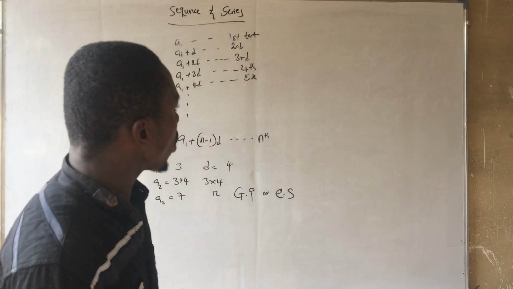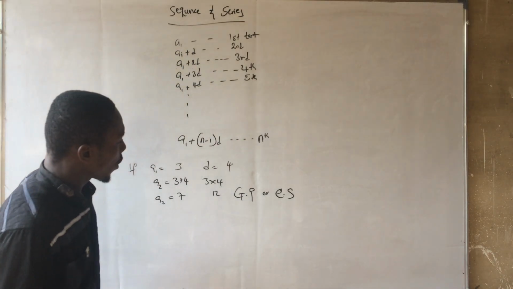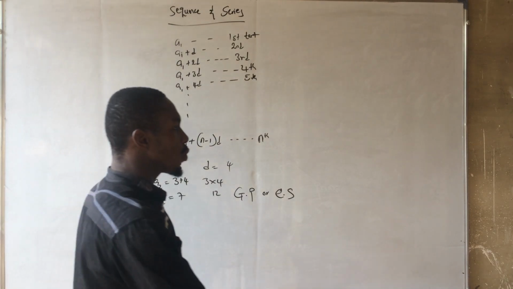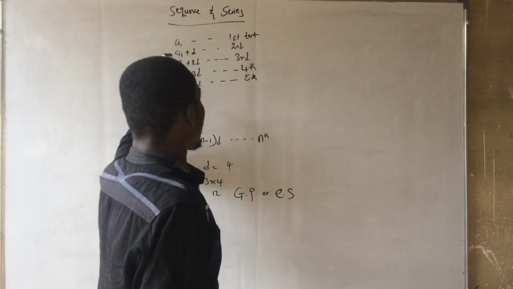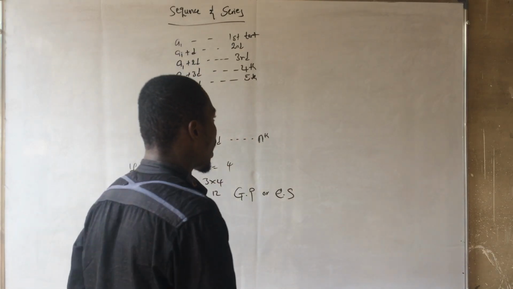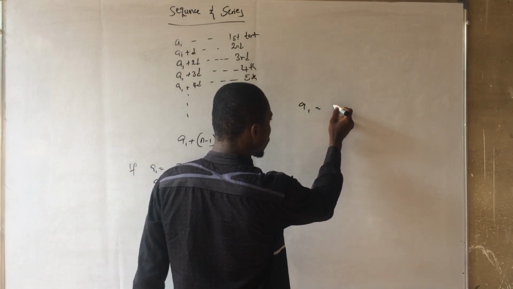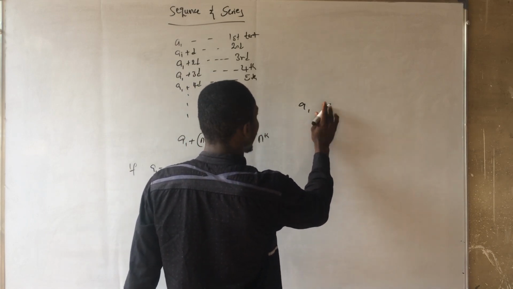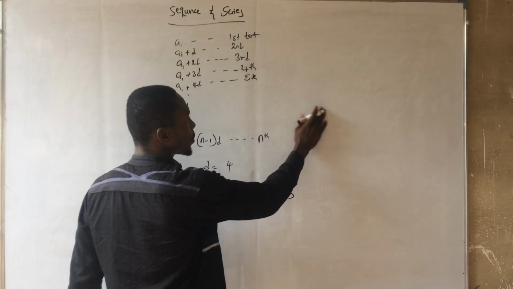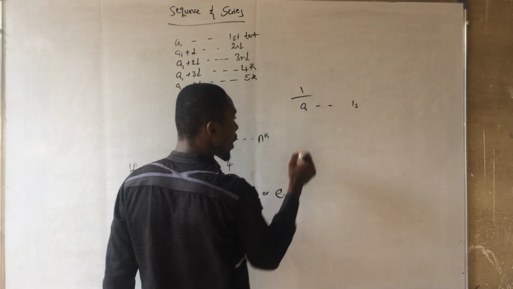And also, another mind said, what if you are working with the inverse of an arithmetic progression? I say, instead of saying A1 equal to the first term, I will now say 1 over A1.